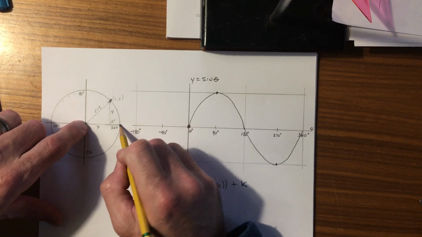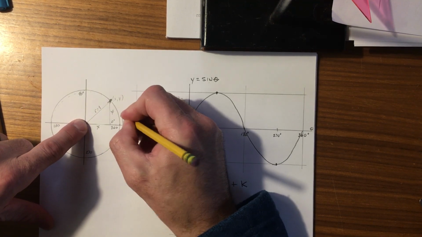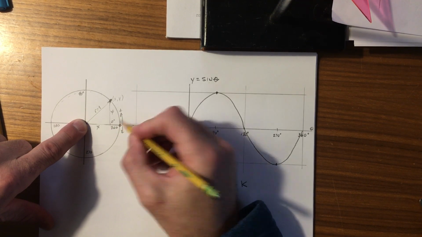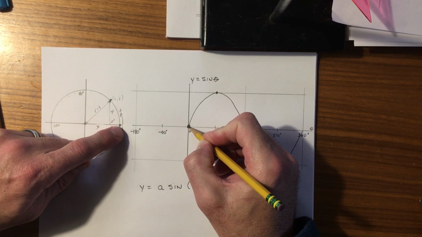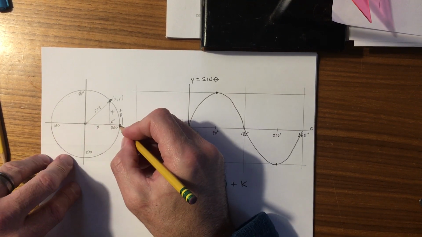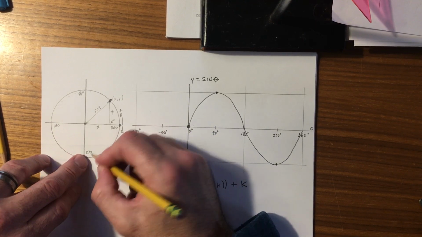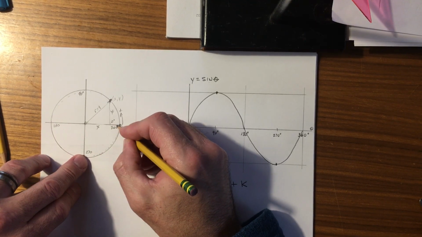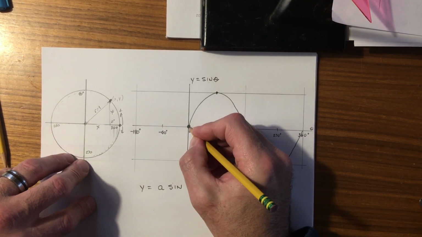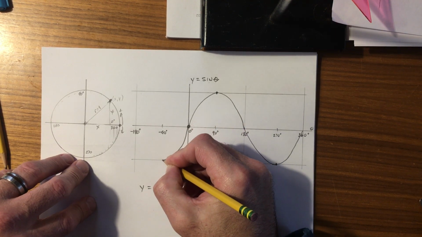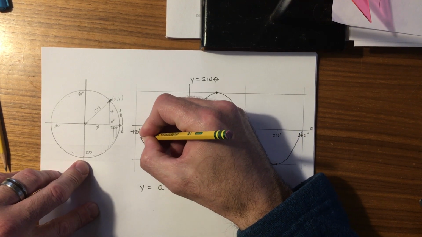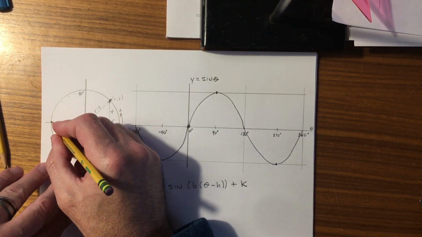Now, what if instead of going positive, we go the other direction? At 0 degrees, the y value of that point is 0. As we move down this way, the y value gets more negative until at -90, it equals -1, and then it goes back to 0 again as you rotate to 180.